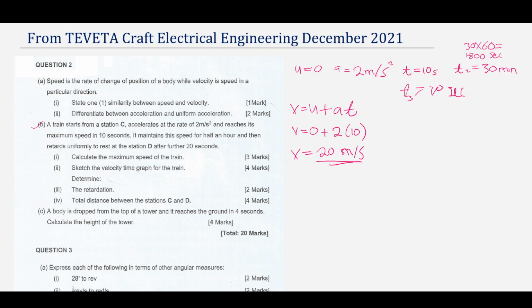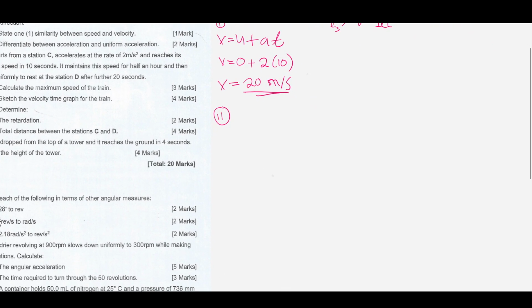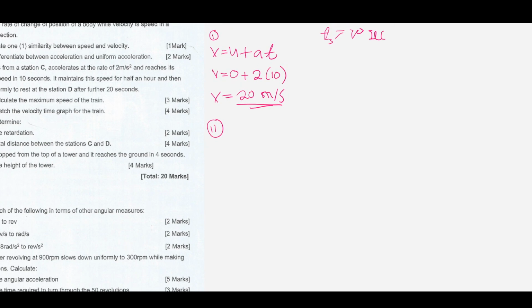Okay, and then the second one says sketch the velocity time graph for the train. Okay, sketch the velocity time graph for the train. Let me just move here. So let me draw this graph.